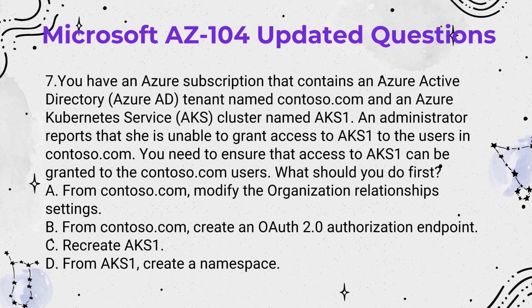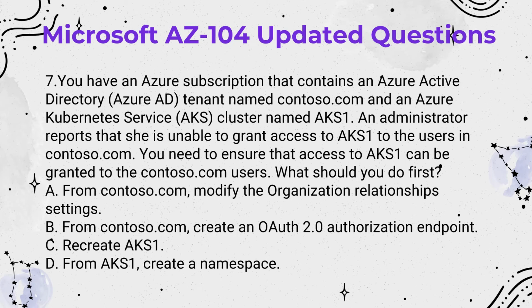7. You have an Azure subscription that contains an Azure Active Directory (Azure AD) tenant named Contoso.com and an Azure Kubernetes Service (AKS) cluster named AKS1. An administrator reports that she is unable to grant access to AKS1 to the users in Contoso.com. You need to ensure that access to AKS1 can be granted to the Contoso.com users.